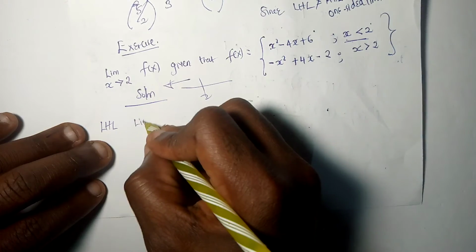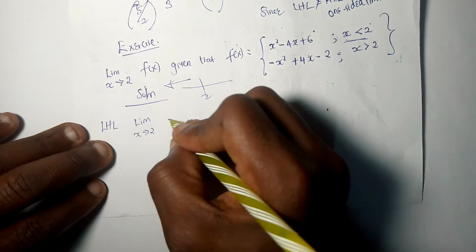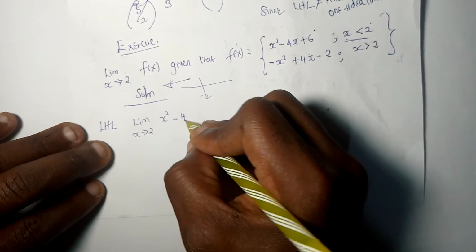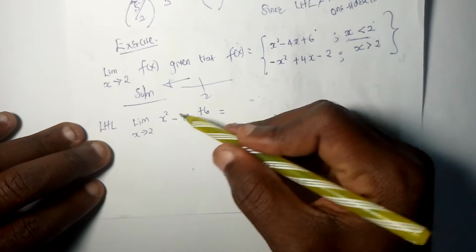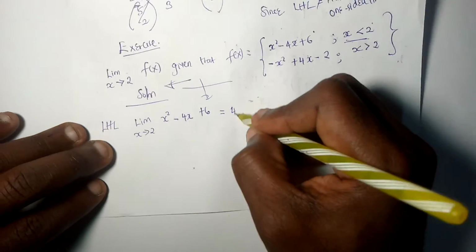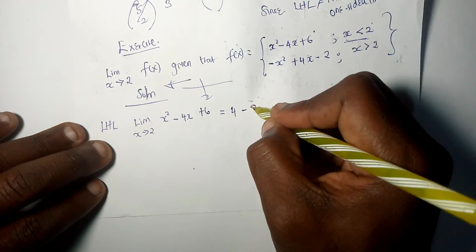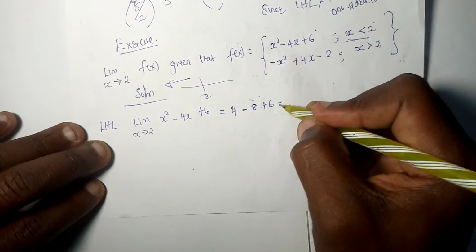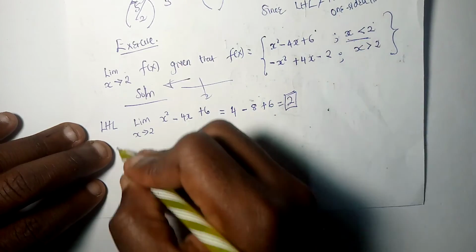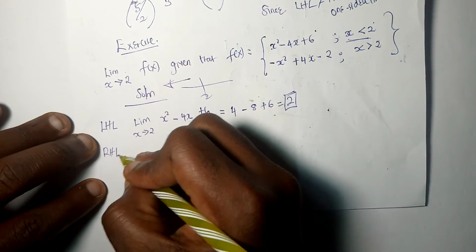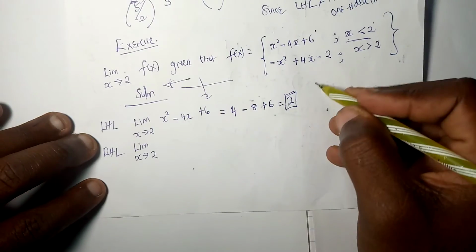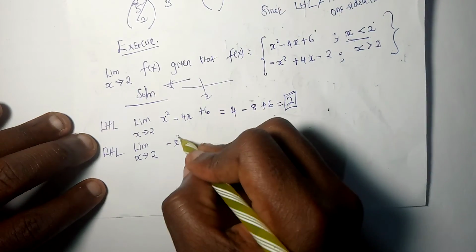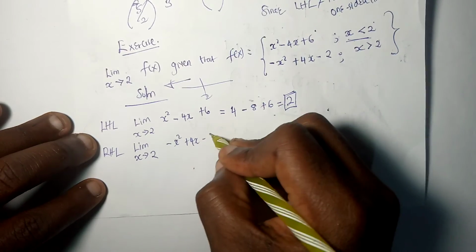So limit as x approaches 2 of x squared minus 4x plus 6. What do we get? We get 4 minus 8 plus 6, which is 2. Then for the right-hand limit, as x approaches 2, now it is minus x squared plus 4x minus 2.